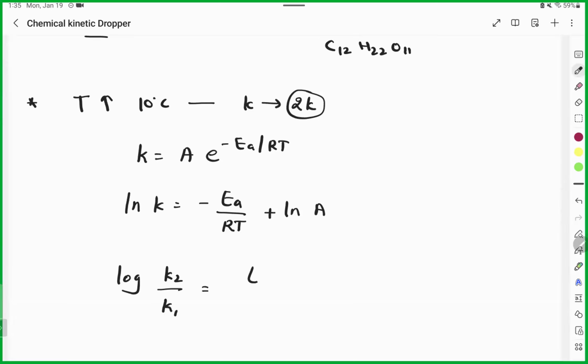It will be equal to EA by 2.3 R into 1 by T1 minus 1 by T2. Correct.